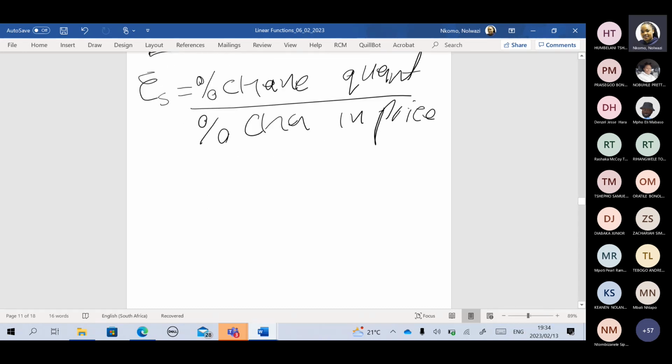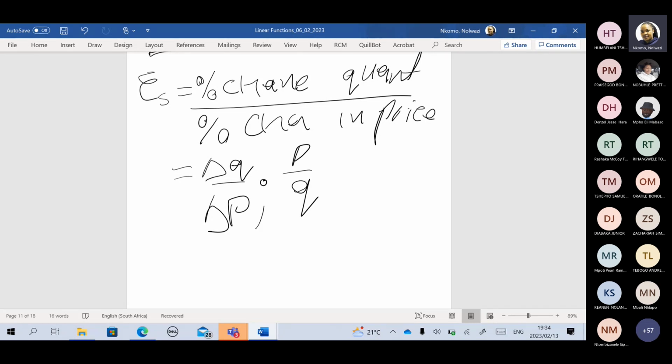Mathematically, we can write this as the change in Q over the change in P times P over Q.